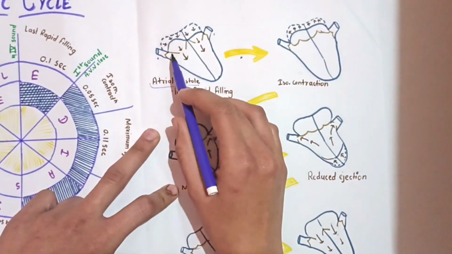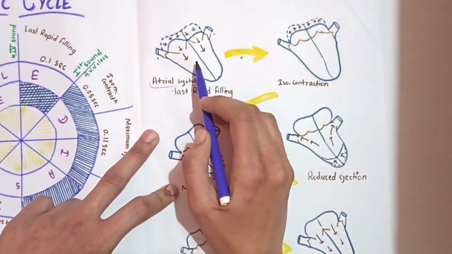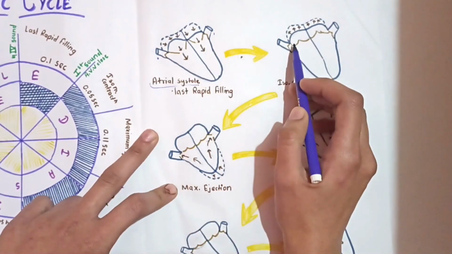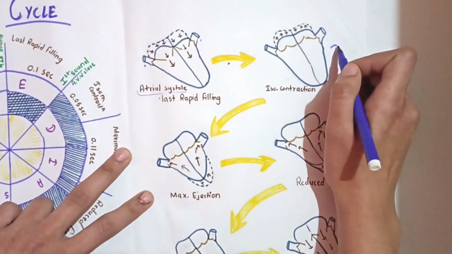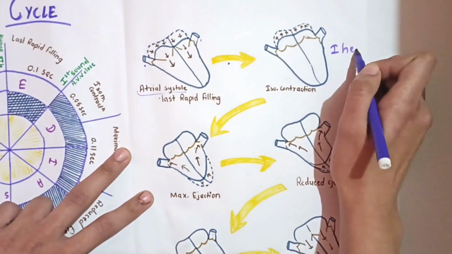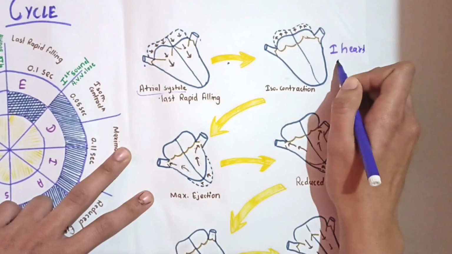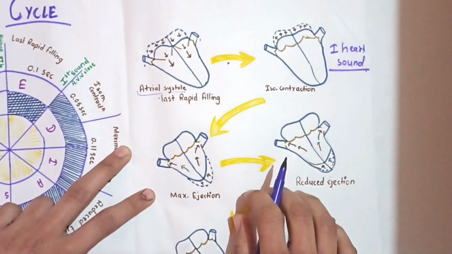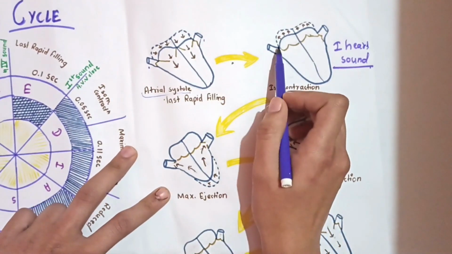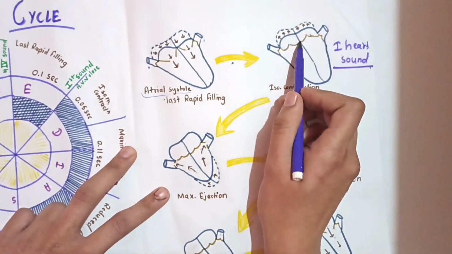Then when all the blood from the atria is transferred to the ventricle, the AV valves close suddenly to prevent backflow, which produces the first heart sound. Here the first heart sound is produced, and the semilunar valves are also closed and the AV valves are also closed.